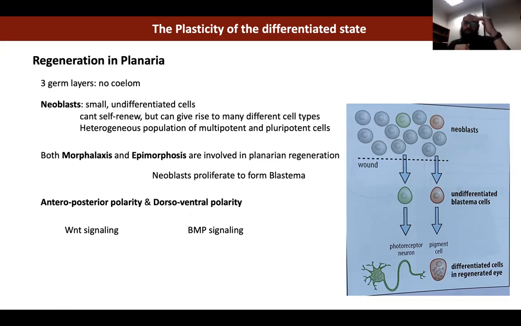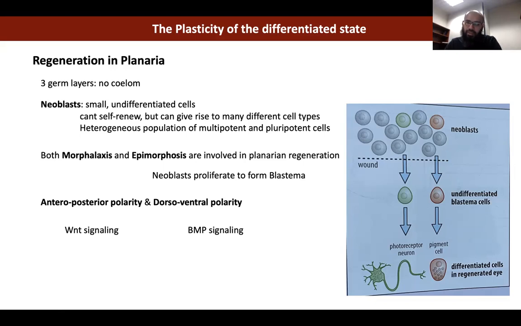So it also knows what is the back and what is the front. The dorsal side is the back, like our back is the dorsal side, and our stomach, or the chest, is the ventral side. So there is also this polarity.